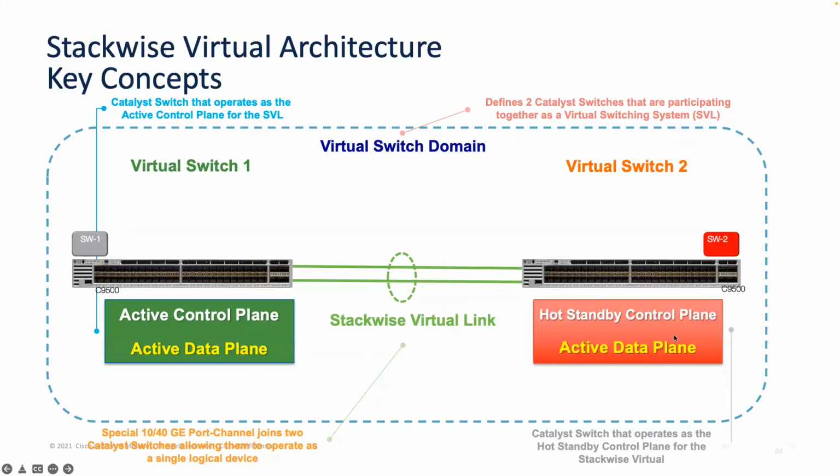It will take over the active role upon detecting the failure of the active switch. And from the data plane perspective, both switches are in active status at the same time to forward traffic. They support local forwarding that picks local links as the egress ports in the MEC. And if the destination is on the other switch, the traffic will be forwarded over the SV links.